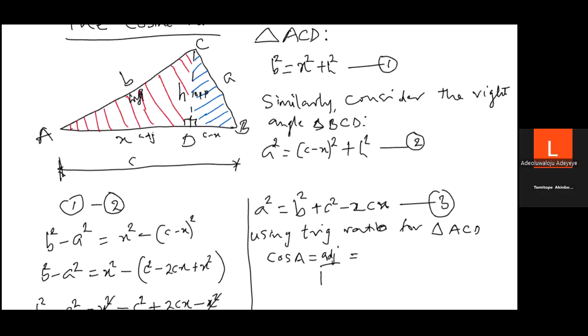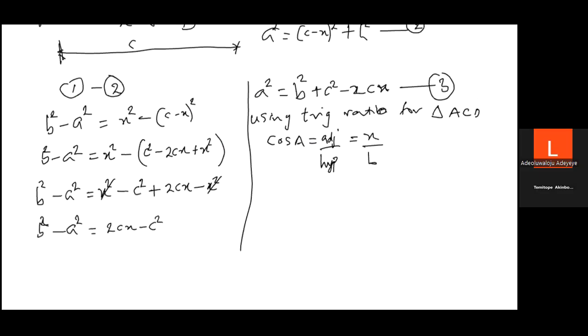Since we want to get rid of x, it is x over b. So make x the subject. That implies that x equals b cos A.